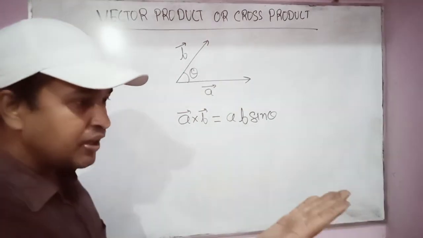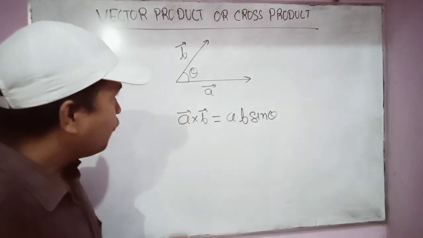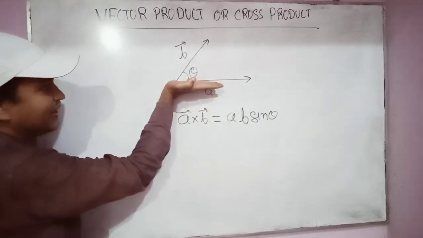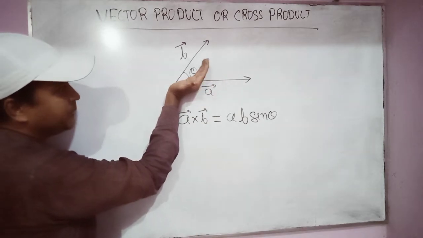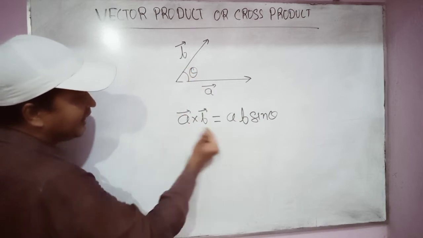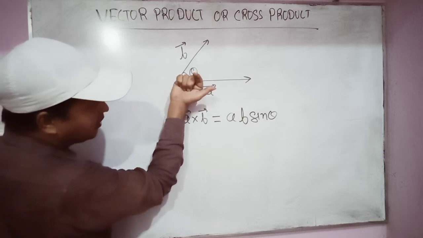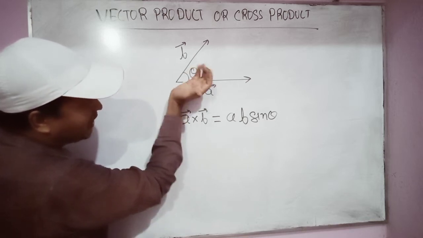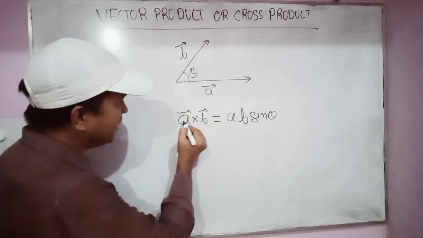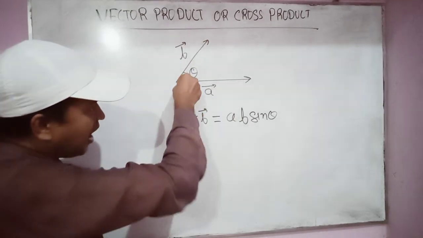So for this, to find the direction of vector A cross vector B, we align our four fingers along vector A and curl them towards vector B. Then the direction of thumb gives the direction of vector A cross vector B. Here we can see my thumb is pointing outward from the board. That is, my thumb is coming out of the board. So the direction of vector A cross B is perpendicular to the board and coming out of the board.